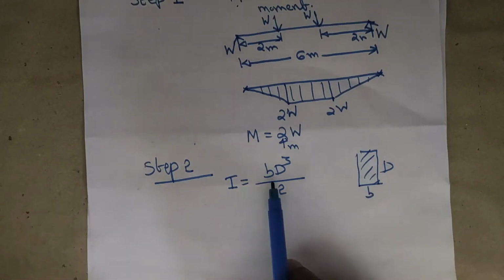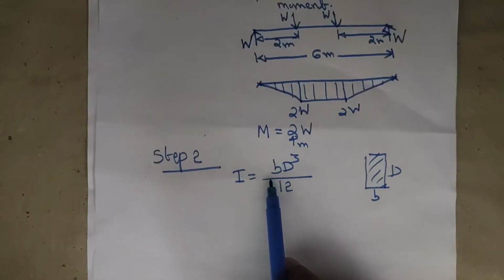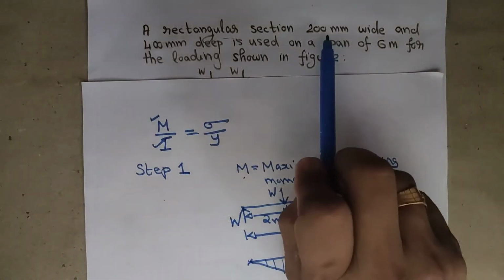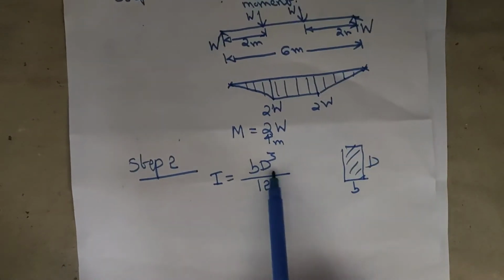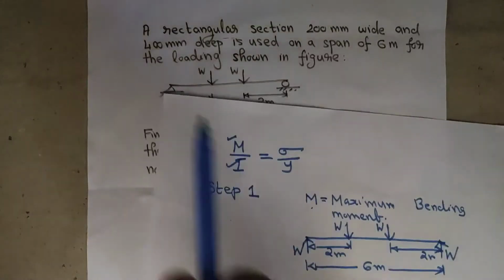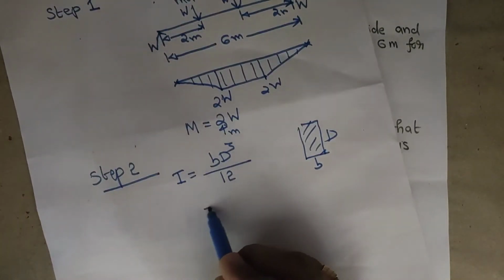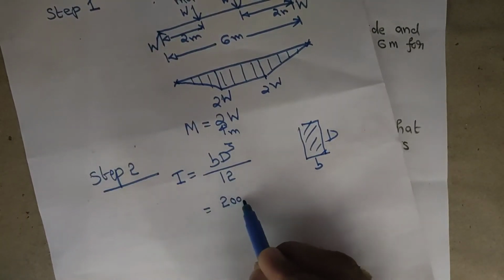What's the value of B? The width of the beam is given as 200 millimeters. The depth of the beam is given as 400 millimeters. So the answer is 200, and here I will be converting that into meter.